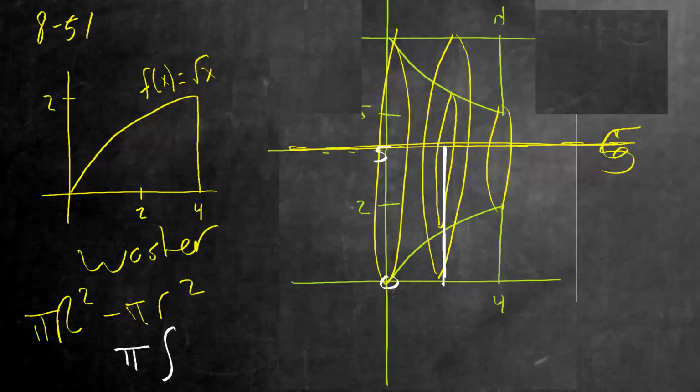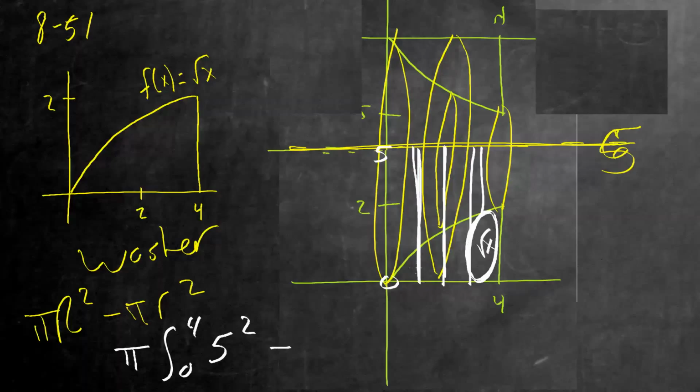We're talking about x's, so we're going from 0 to 4. 5 squared. Now let's look at this inside. This is 5. This is what we want to subtract off. What is this right here? That is the square root of x. I know it's not that easy to picture, but we want to do 5 minus square root of x.